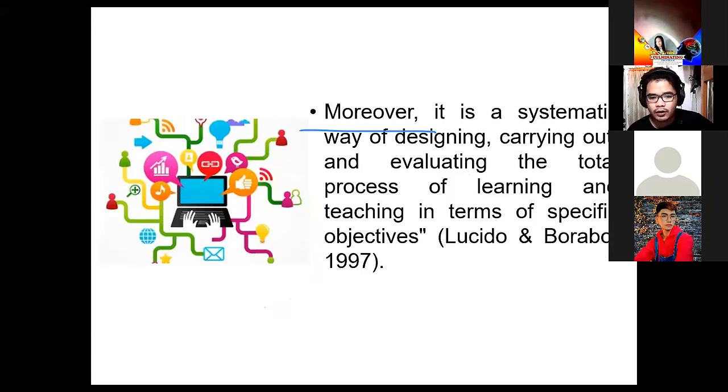Now, moreover, no, instructional technology is a systematic way of designing, carrying out, and evaluating the total process of learning and teaching in terms of specific objectives.